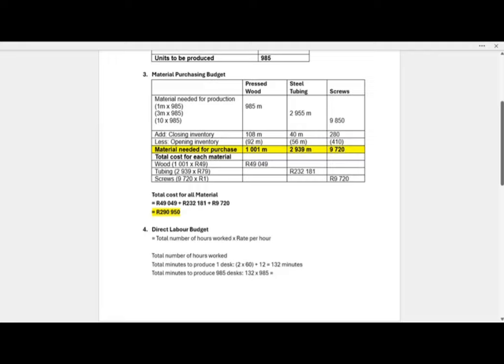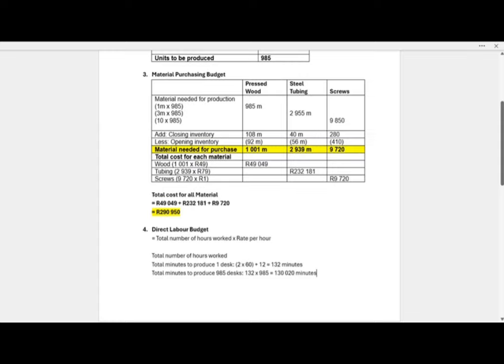985 multiplied by 132, or 132 multiplied by 985. So I am getting 130,020 minutes.